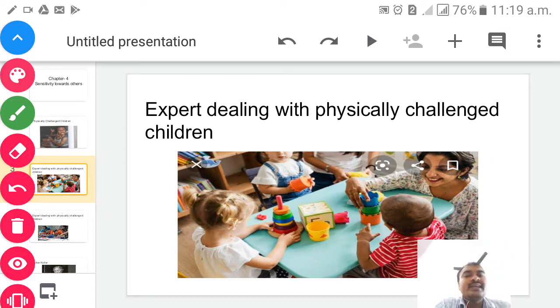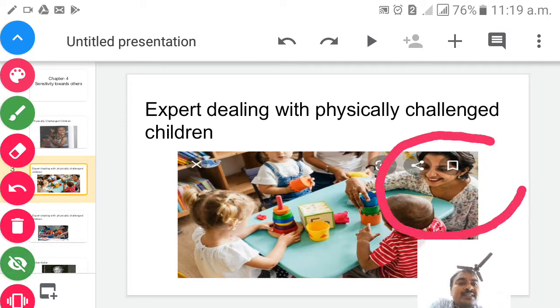So children, the next slide will tell us about experts dealing with physically challenged children. Here you can see the teacher who is teaching the physically challenged children. Like Saloni, you can see how, with a smiling face, she is interacting with all the children.